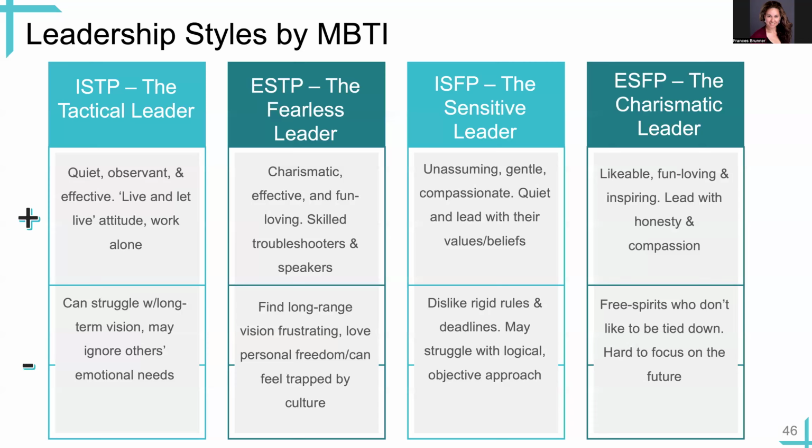What I like about the MBTI is that it gently points these things out, so we can be made aware of them. And we can also learn how to adapt to other personalities. For example, I'm very logically grounded. I love schedules. I like being on time.